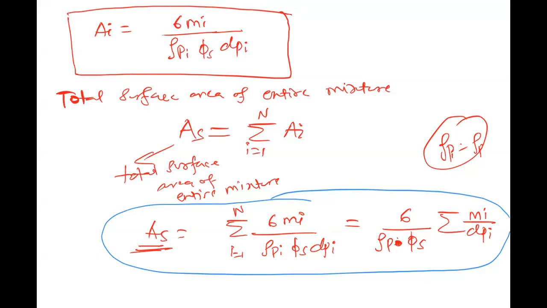Now tell me, if you want to find the total specific surface area of the entire mixture, what do we have to do? If you want to find the specific term, what is the concept? I already discussed it in thermodynamics. We have to divide by total mass. So this A_s is equal to A_s by M_T, total mass.